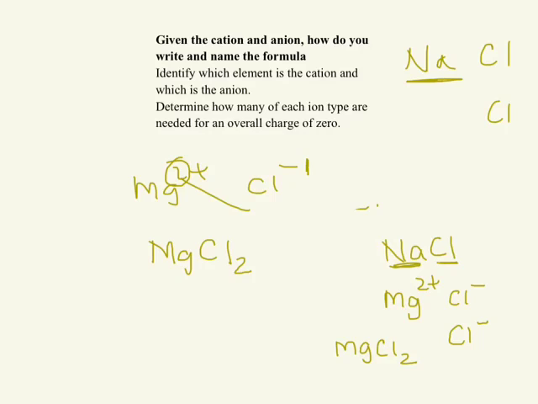No number means it is 1. So that becomes a subscript of magnesium, and you don't have to write down 1. So the formula becomes MgCl2. Now before the next example, what will be the name of this compound? Magnesium chloride.